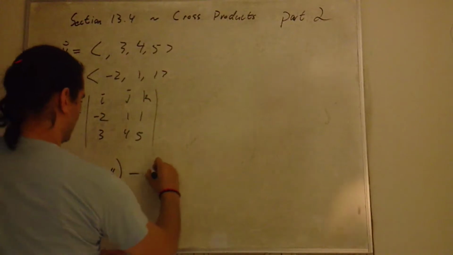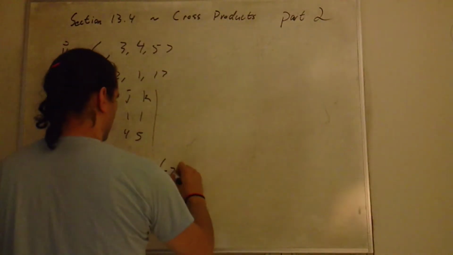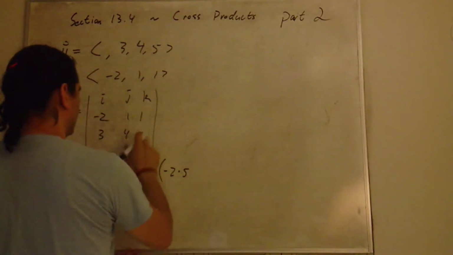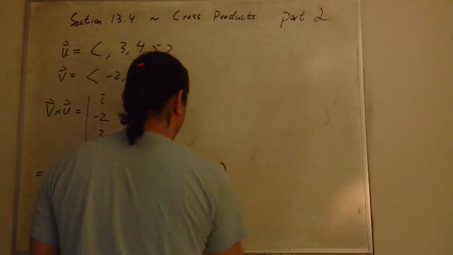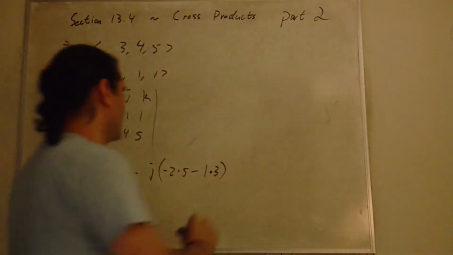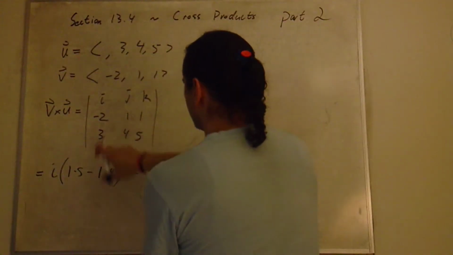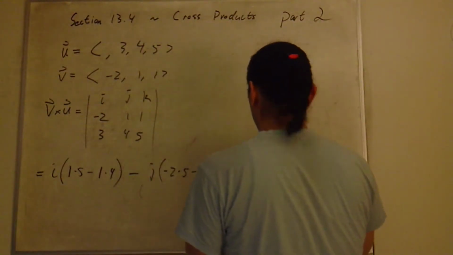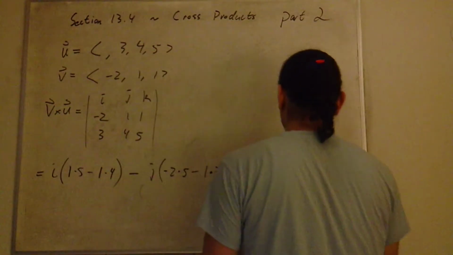We're going to have a negative j times these guys, negative 2 times 5 minus 1 times 3. And we're going to have a positive k times these guys, negative 2 times 4 minus 1 times 3.